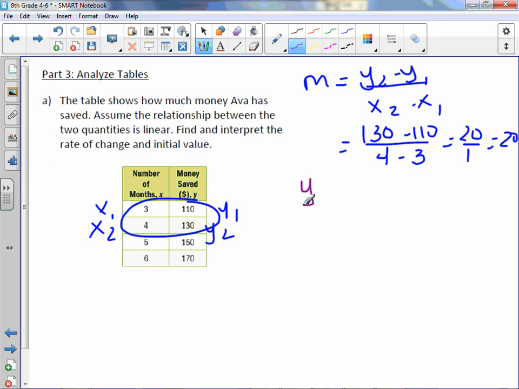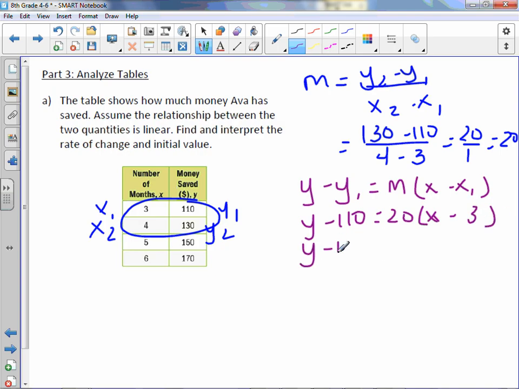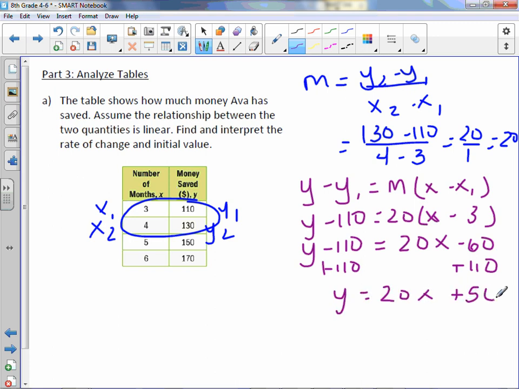Now we use the point-slope formula to find our y-intercept. y minus y1 equals m times x minus x1. y minus 110 equals 20 times x minus 3. Distribute. y minus 110 equals 20x minus 60. Add 110. y equals 20x plus 50.